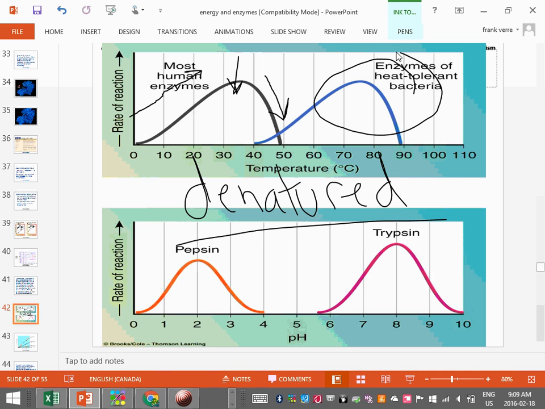If you have an organism that evolved in a really hot environment, you expect that the optimal temperature for those enzymes should be higher. And you can see it. Much higher. So this organism lives in a much warmer environment. That's why it's shifted. But look, the overall pattern is what? It's the same.